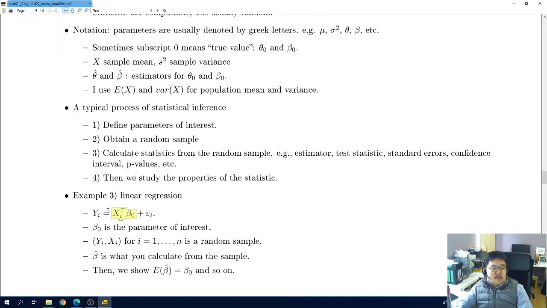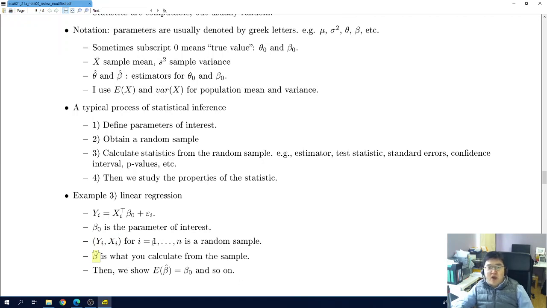And then x and y are observed, and we are interested in beta. The effect of x on y is captured by beta. So that's our parameter. So we define the parameter, and then you collect the random variables, the sample, x and y, a pair of x and y is one observation, and then calculate beta hat.